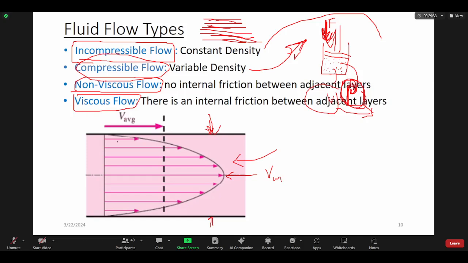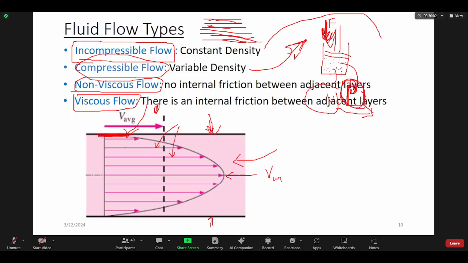In this area, velocity becomes 0, very low, because of friction. And also these are the streamlines.